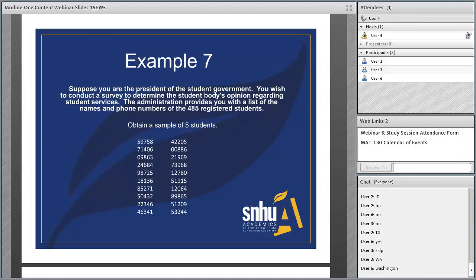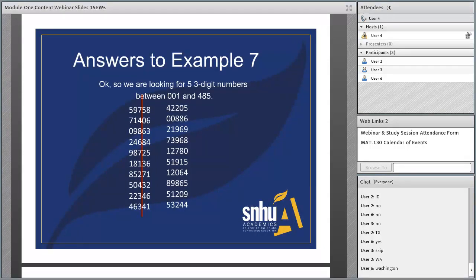Okay, so the first thing that we're going to do is look for 5 3-digit numbers between 1 and 485. You can see I put this red line so that even though the random number table is written in chunks of 5 digits, I can really only pay attention to the first 3 digits.